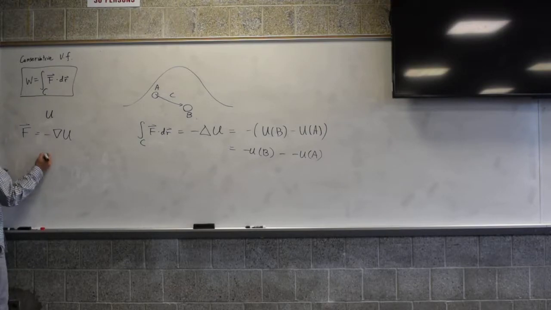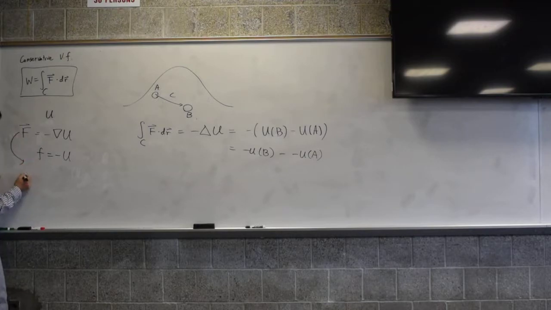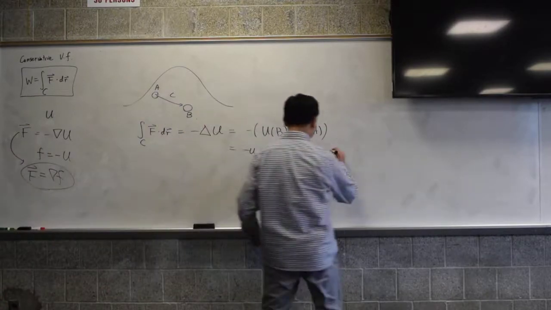So I'm just going to call F the negative of U, so that this is now the gradient of F.